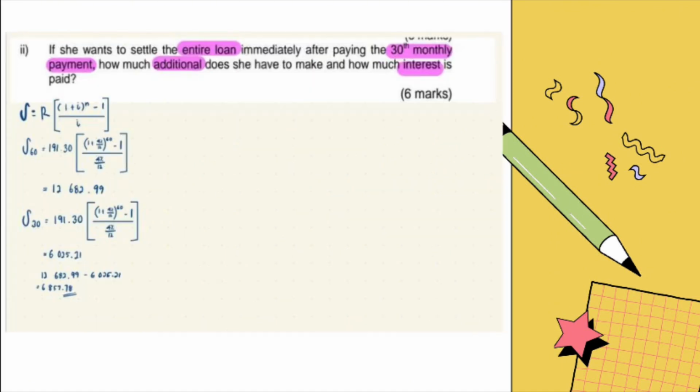If she wants to settle the entire loan immediately after paying the 30th monthly payment, how much additional payment does she have to make and how much interest is paid? So we use the formula S equals R open bracket 1 plus i, the power of n, minus 1 divided by i close bracket.